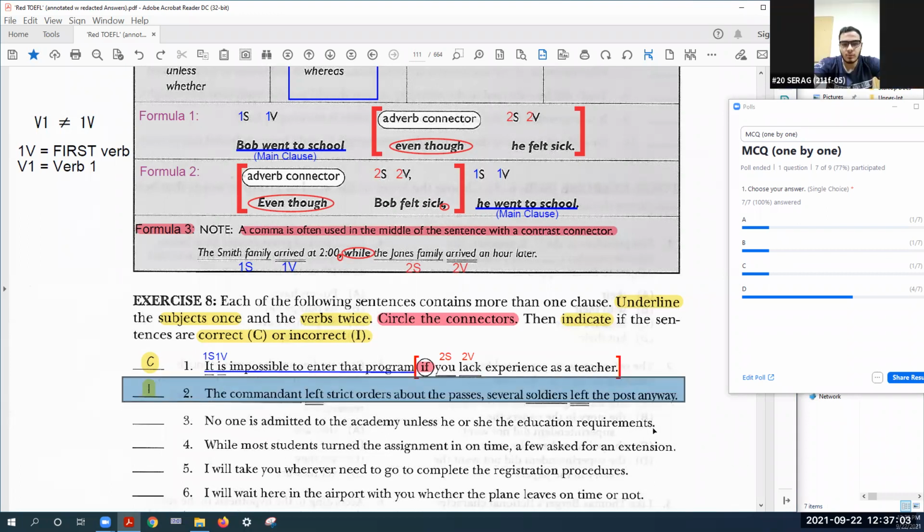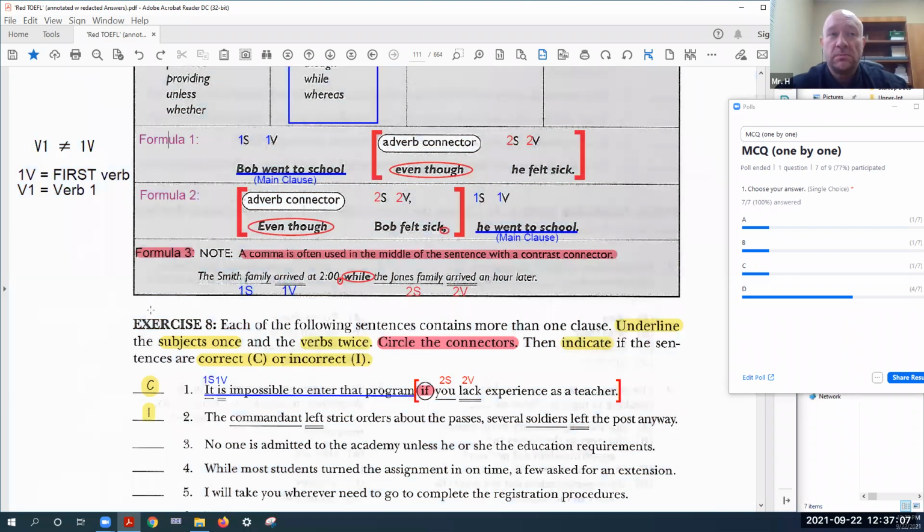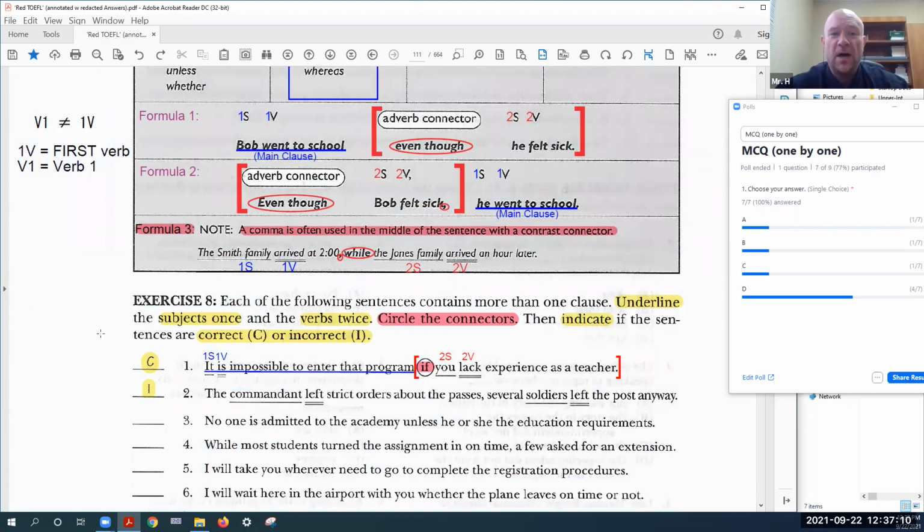All right, Siraj, can you explain number 2? Which formula, first of all? Formula 1. Okay. And find the main clause. Main clause will be several soldiers left the post anyway. Excellent. First subject will be soldiers. First verb, left. Second subject will be the commandant.